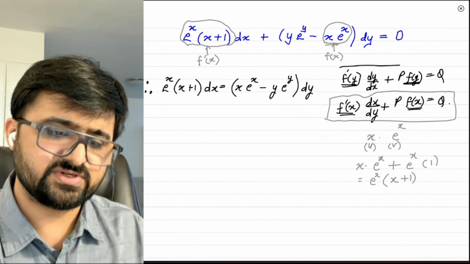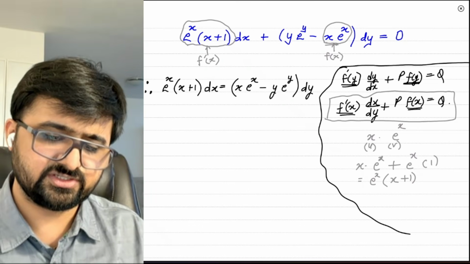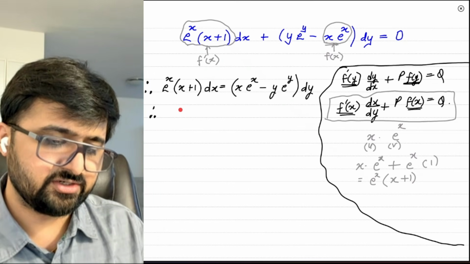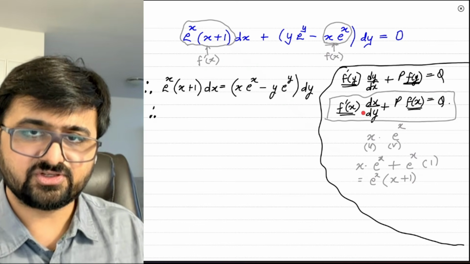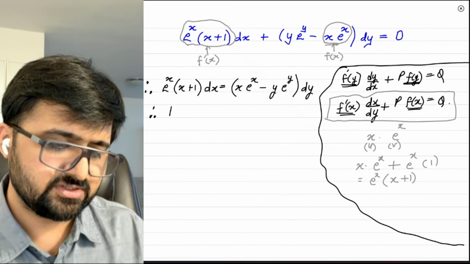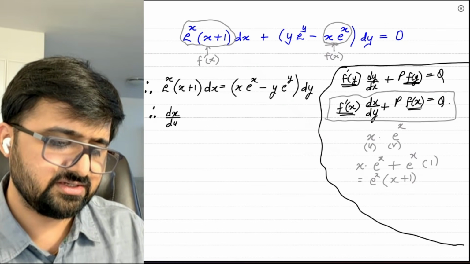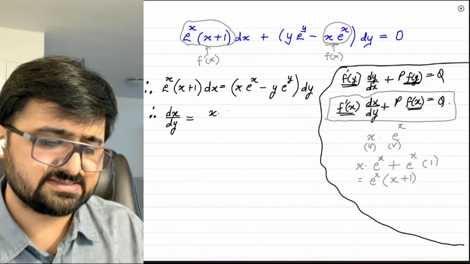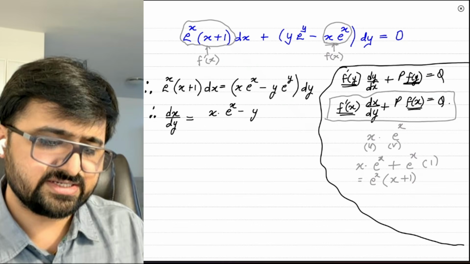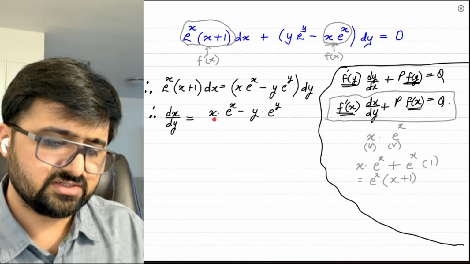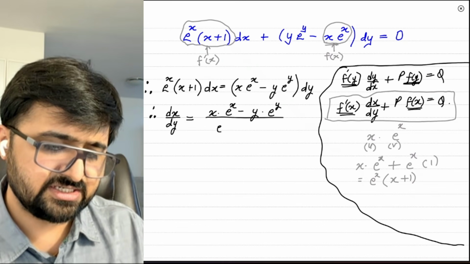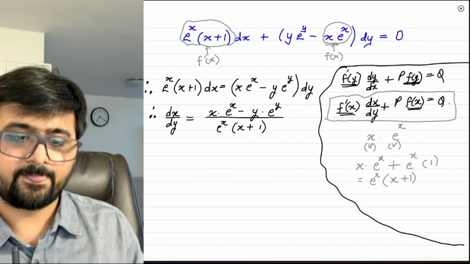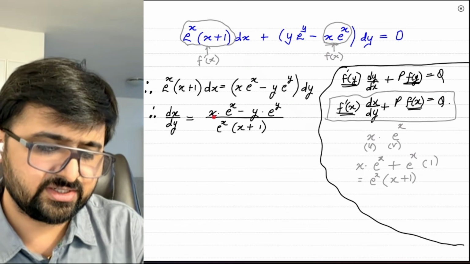That's the situation that you have. I'll just make a partition over here. Here we need to find dx by dy because we already identified it is of this type. So we get dx by dy is equal to x into e raised to x minus y into e raised to y divided by e raised to x into x plus 1.